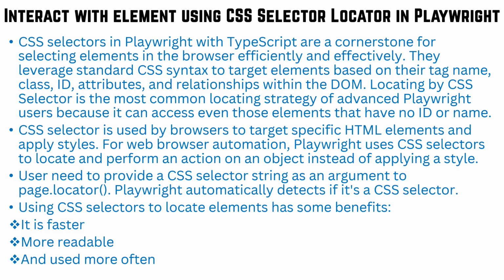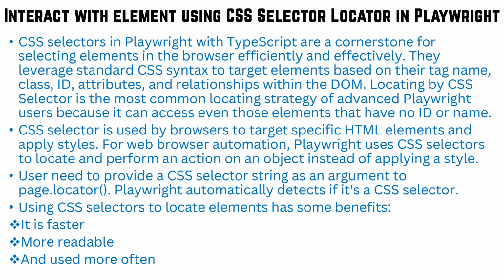They leverage standard CSS syntax to target elements based on their tag name, class, ID, different attributes, and relationship with the DOM, the Document Object Model. Locating by CSS selector is the most common locating strategy of advanced Playwright users because it can access even those elements that do not have any ID or name.